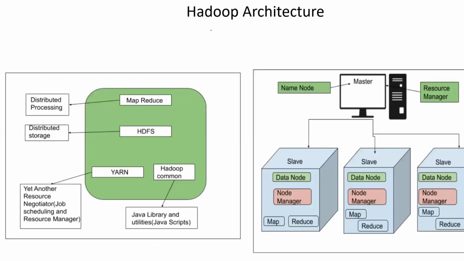If we talk about Hadoop architecture, it looks like this, where we can see that MapReduce, HDFS, Yarn, and Hadoop Common are working together. It has almost the same architecture as we use in Databricks, but the storage is different.